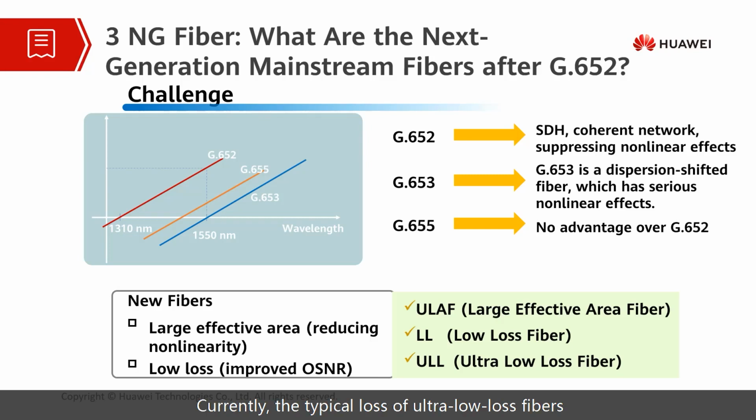Currently, the typical loss of ultra-low loss fibers can be reduced as low as 0.17 decibel per kilometer. The optical fiber loss with a large effective area can be reduced to less than 0.16 decibel per kilometer now.